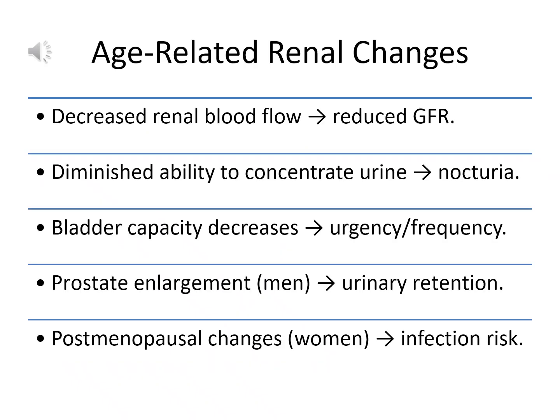Okay, so for our elderly population, we do sometimes have some age-related changes to our kidney function and our urinary output. But for the most part, what we see is due to a decrease in renal blood flow. So this leads to a reduced GFR. Most of our patients in increased age can have changes in bladder capacity, which can lead to incontinence or urinary frequency or urgency.